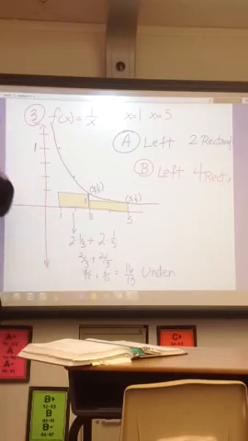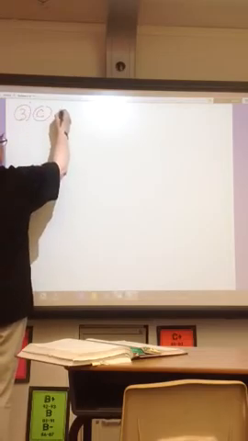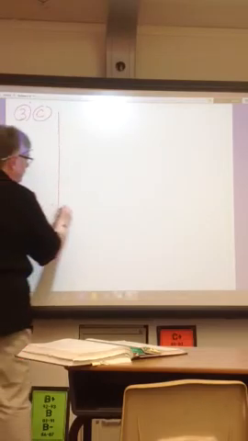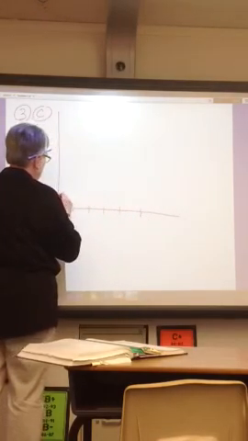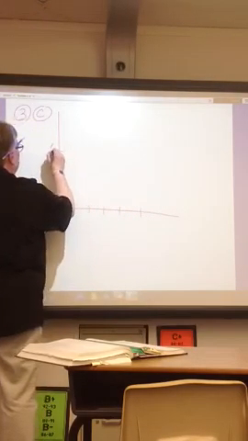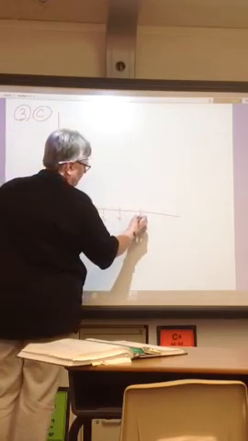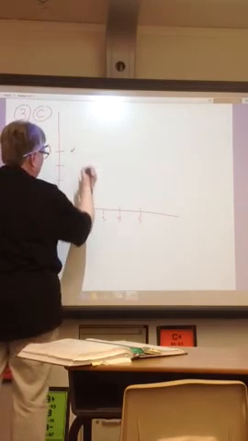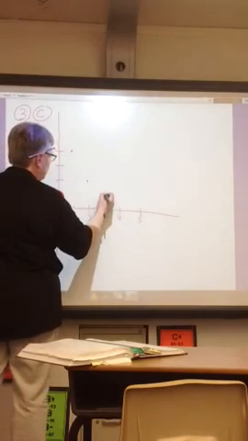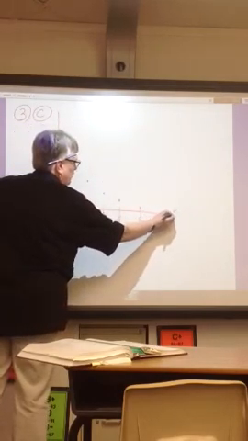Now, if I would go to part C, again, I need to have my graph. And I'm making this 1. And my curve goes 1, 1, 2 1/2, 3 1/3, 4 1/4, and 5 1/5.